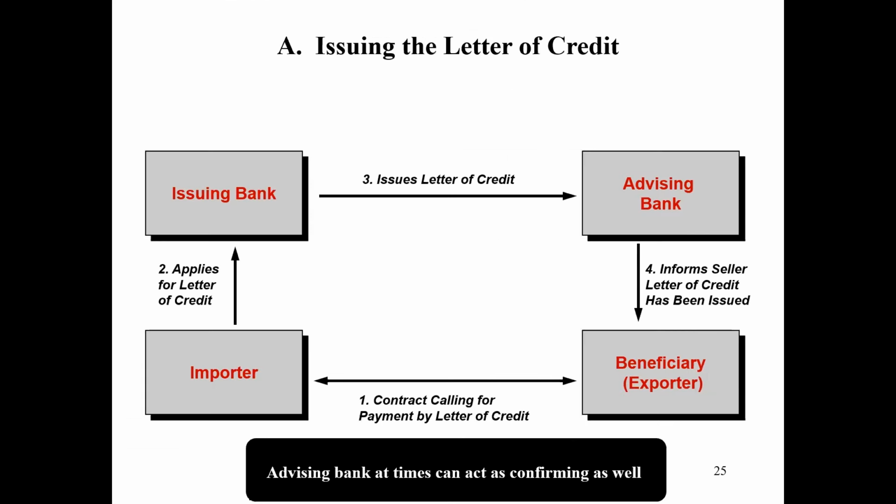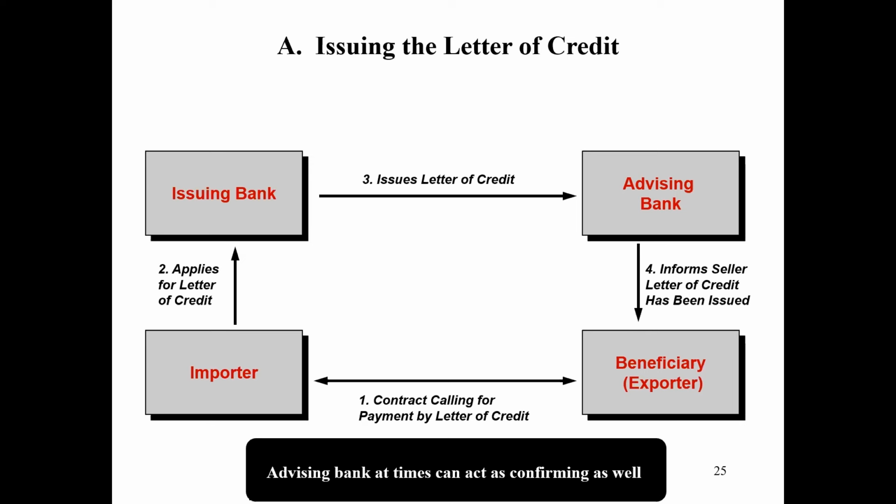So we will understand the procedure involved in issuing the letter of credit. As you can see in the diagram, first of all, both the parties, that is exporter and importer, agree to a contract of sale, wherein payment will be made by letter of credit.